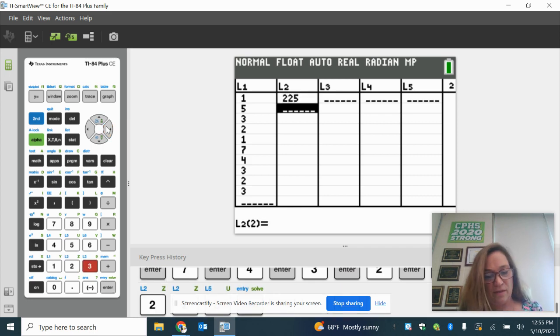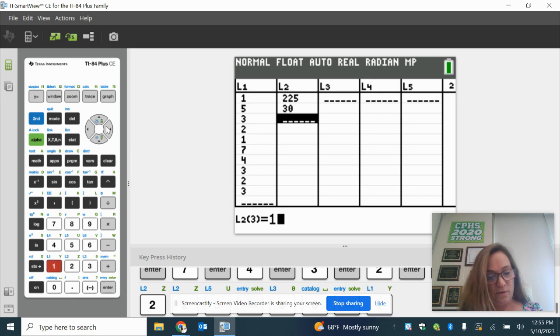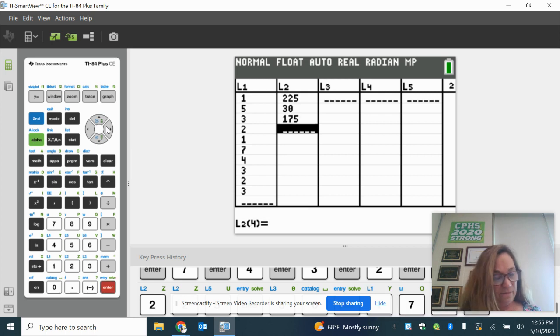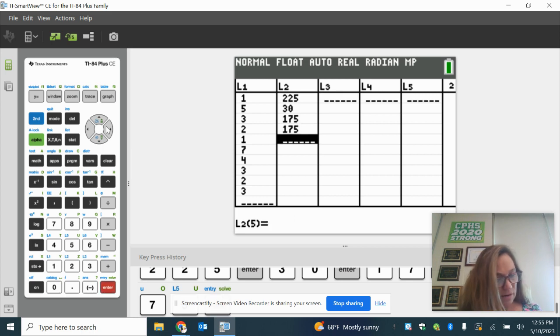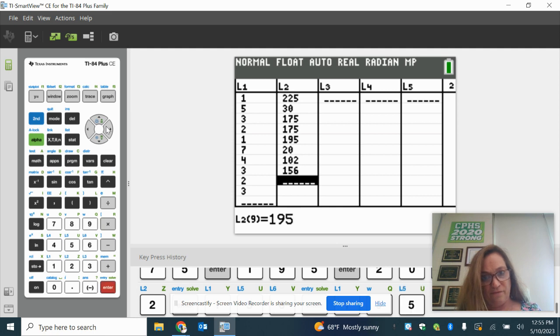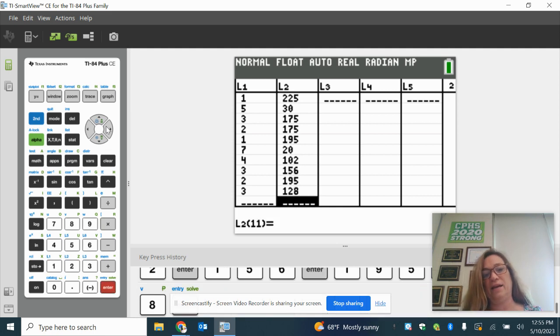225, 30, 175, 175 again, 195, 20, 102, 156, 195. I really think the hardest part of this is the typing. 128. All right, so I'm going to double check that I typed correctly, and I'm really hoping I did.